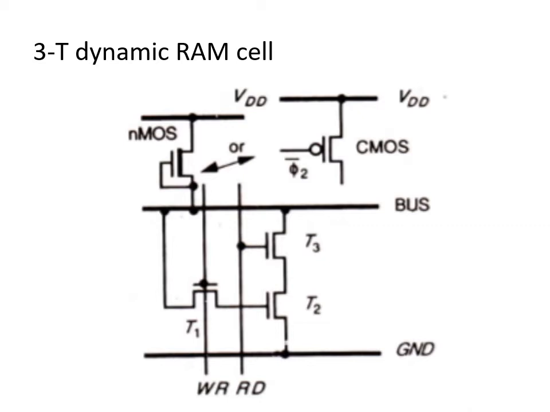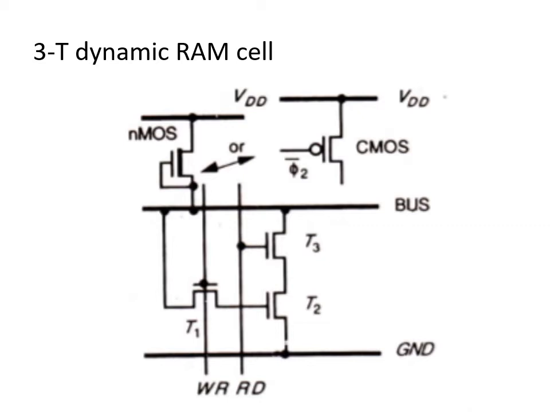Now let us see how read and write operation is carried out. Let me say I want to perform write operation. For performing write operation, the write control input should be made 1, and as discussed earlier, read and write are mutually exclusive, they cannot be carried out at the same time.